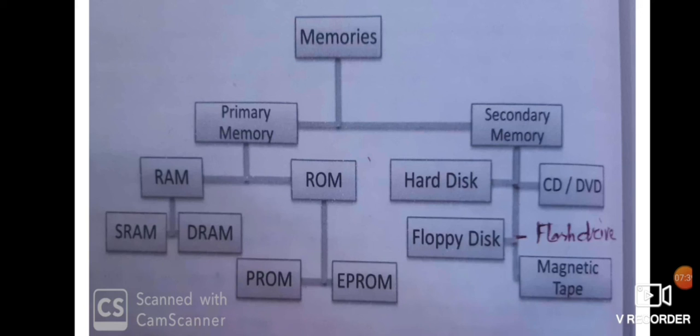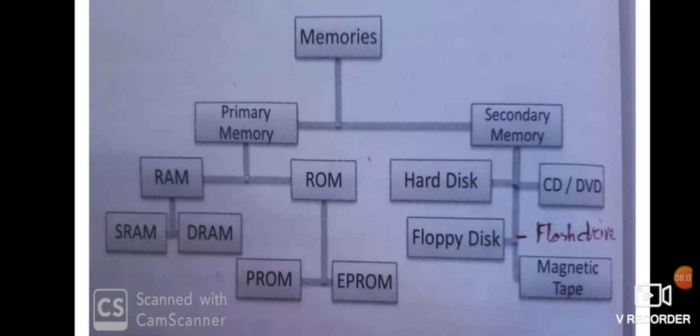RAM is further of 2 types: SRAM, static RAM, and DRAM, dynamic RAM. ROM is further of 2 types: PROM, programmable read only memory, and EPROM, erasable programmable read only memory. These are primary memory and their subsequent types.